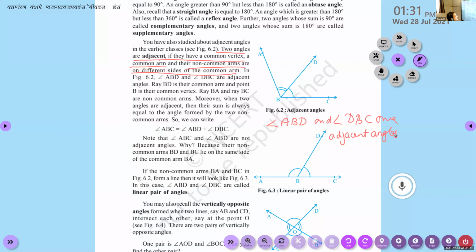Then you can write angle ABD and angle DBC are adjacent angles. Also angle ABC and angle DBC are not adjacent, they are non-adjacent angles.